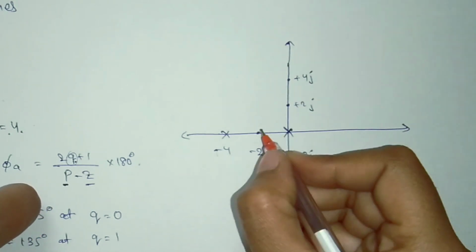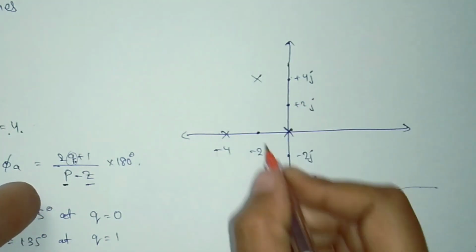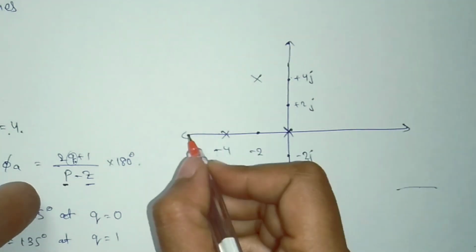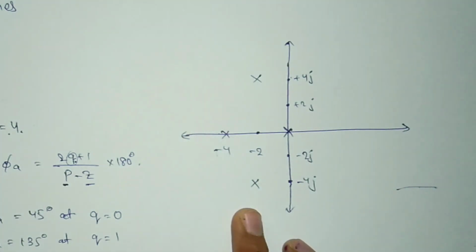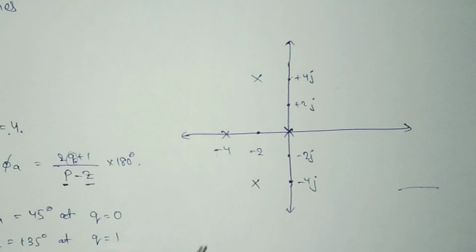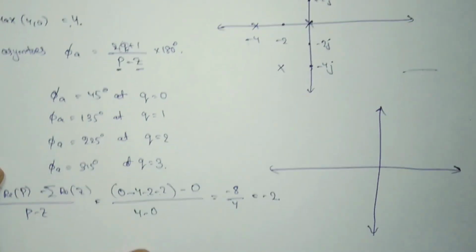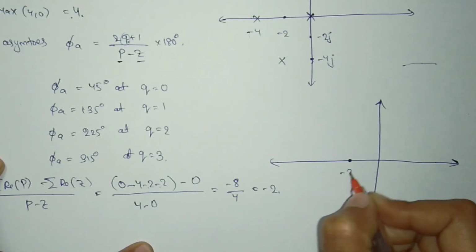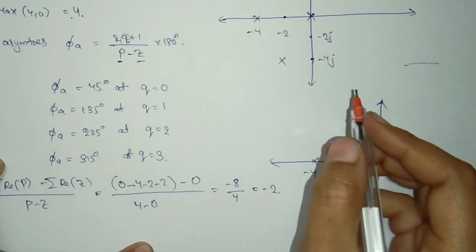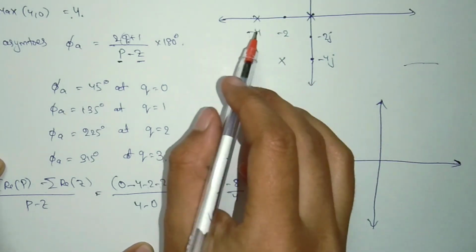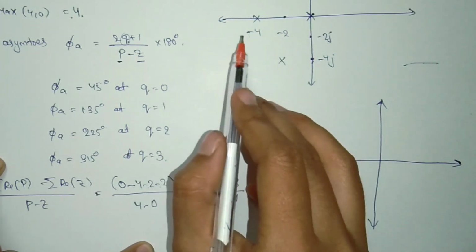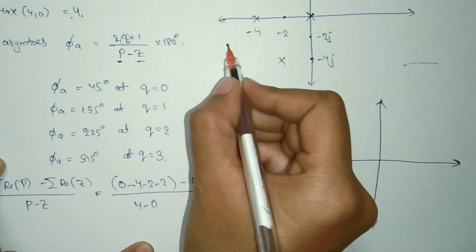Then the next pole is at minus 2 plus 4j here, and the next is here. So we have 4 poles. For the next expected graph, we will take the poles again, and as we can see, there are only 2 poles which we can see when we are standing here.